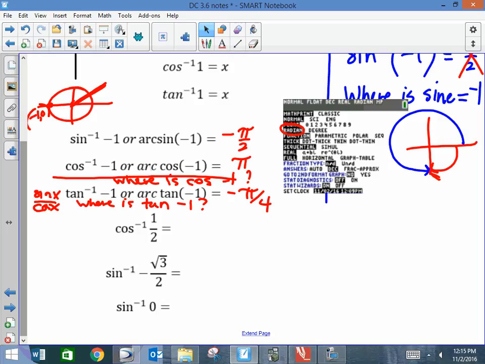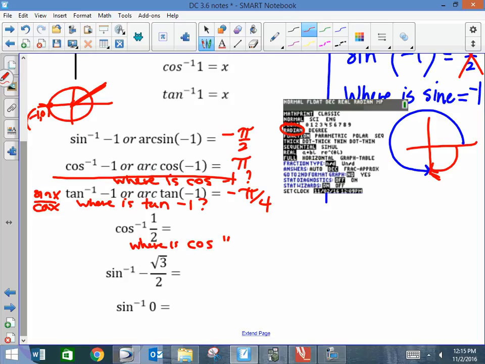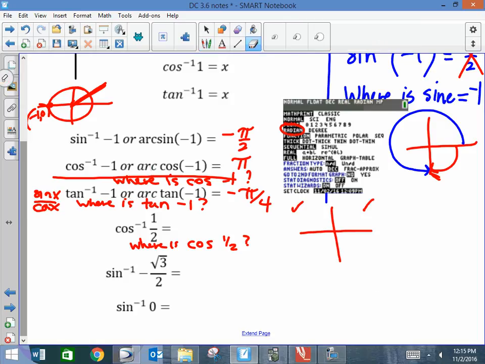Inverse cosine of 1/2. Again, where is the cosine 1/2? Of course, we know it's either here or here. No, here. Sorry. Calm down. All right. Which one is it really in? First or second? Fourth, third, fourth. First. Okay. Where now?